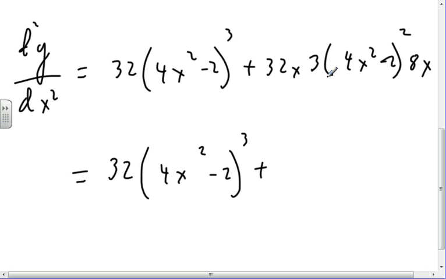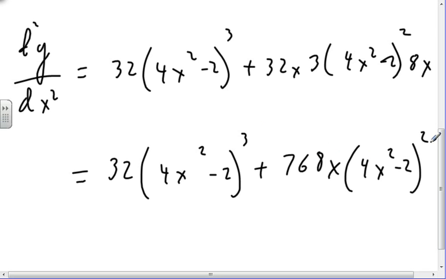And I was pushing the addition button is what I was doing in case anybody was wondering. 768x squared times 4x squared minus 2 squared. Oh, are there 2 x's? Yeah, there's 2 x's squared. You're absolutely right.